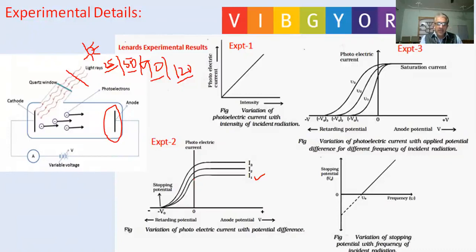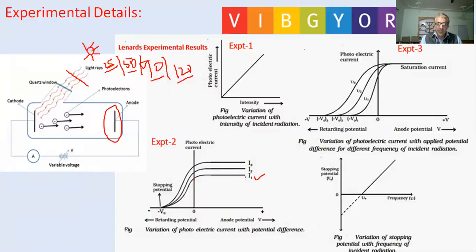Consequently, the current starts decreasing, and it decreases continuously as we increase the anode negative voltage, and a point is reached where all the electrons are repelled. They are not reaching the anode now, and the current completely stops. And at this point, this becomes the stopping potential. The current becomes zero.